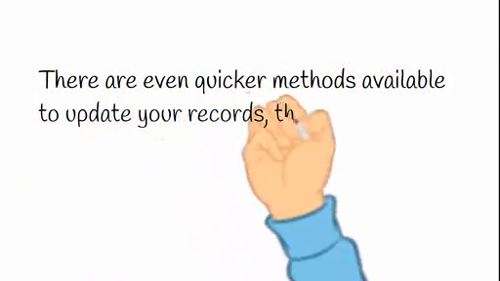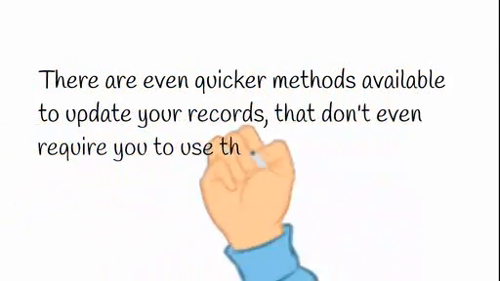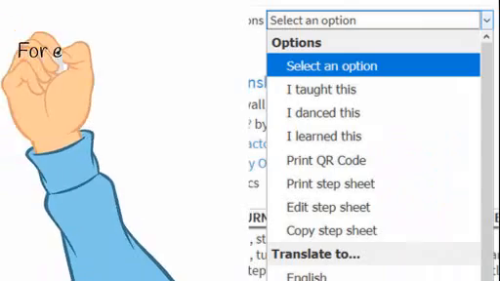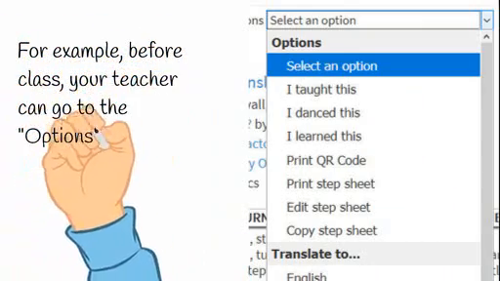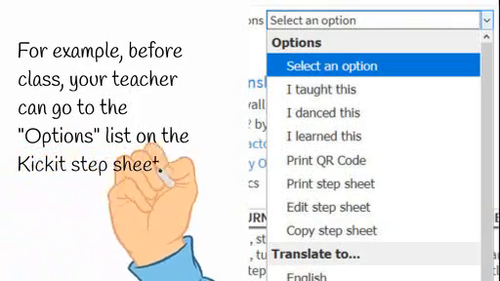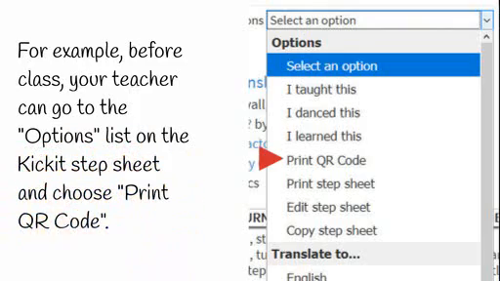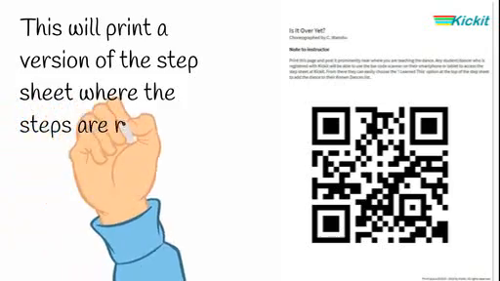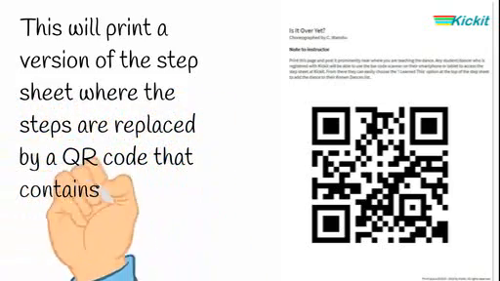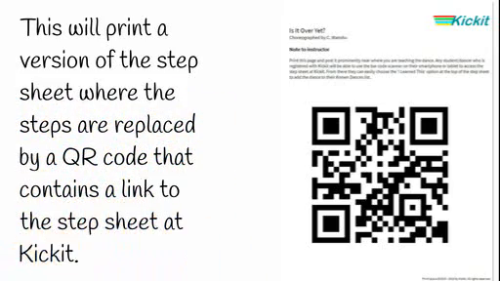There are even quicker methods available to update your records that don't even require you to use the Kickit search page. For example, before class, your teacher can go to the options list on the Kickit step sheet and choose Print QR Code. This will print a version of the step sheet where the steps are replaced by a QR code that contains a link to the step sheet at Kickit.